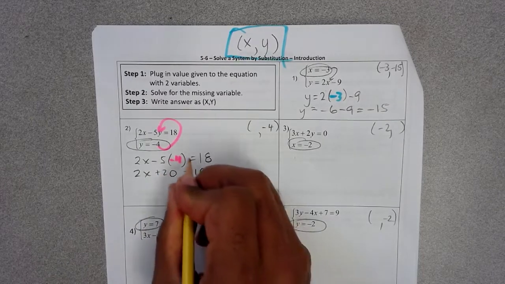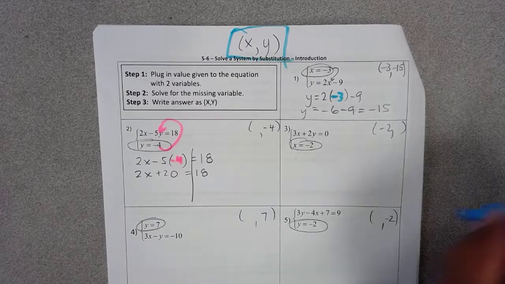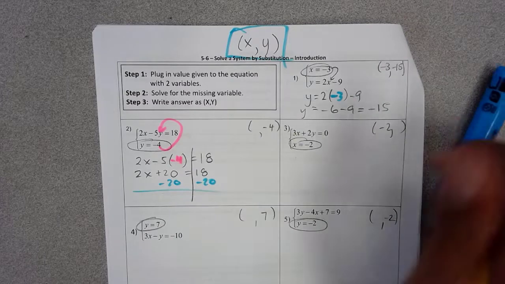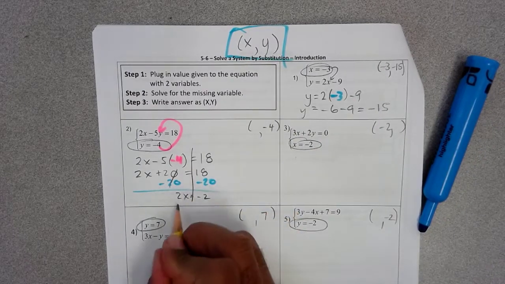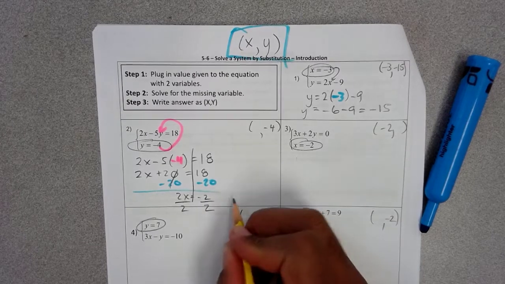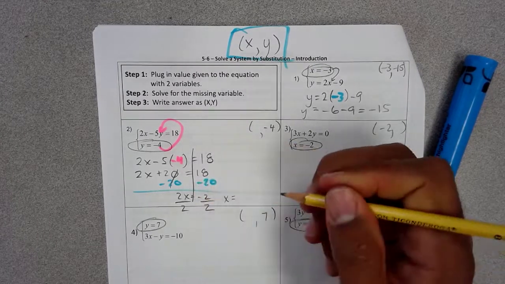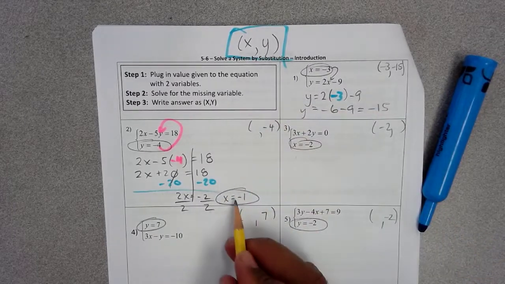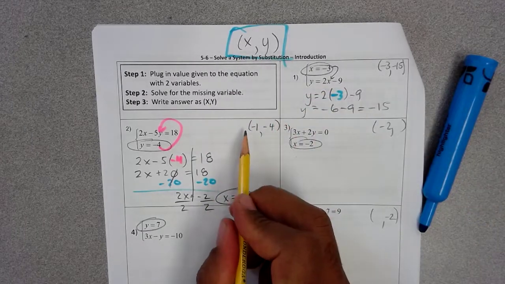What's the next step here? Take away 20. And then the last step. Divide by 2. -2 divided by 2, X equals -1. So take that -1, plug it in right up here. There's my solution.